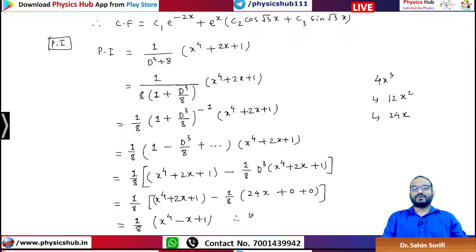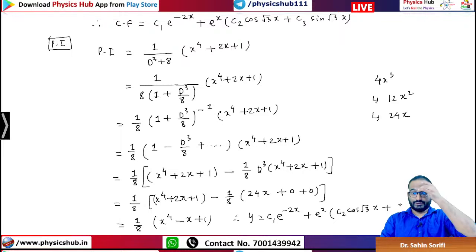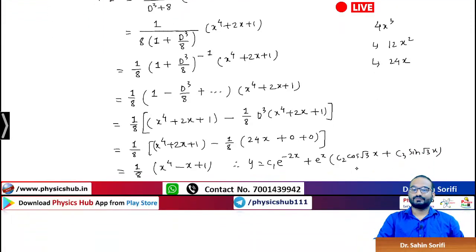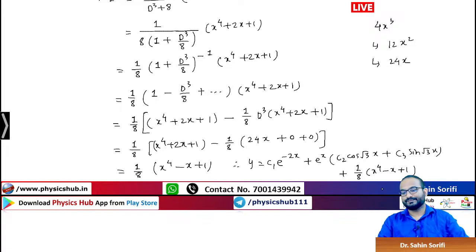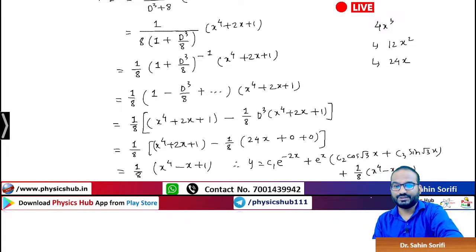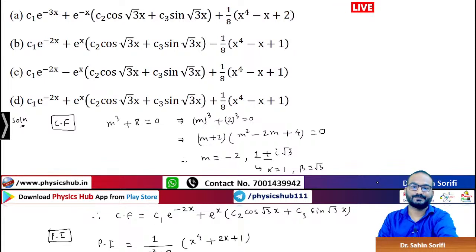And that is why the complete solution is written in this way: c1 e to the power minus 2x plus e to the power x, c2 cos root 3x plus c3 sin root 3x, plus 1 upon 8 x to the power 4 minus x plus 1. And that is matching with option D, I guess.